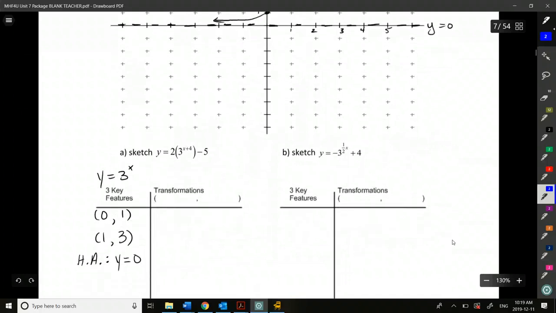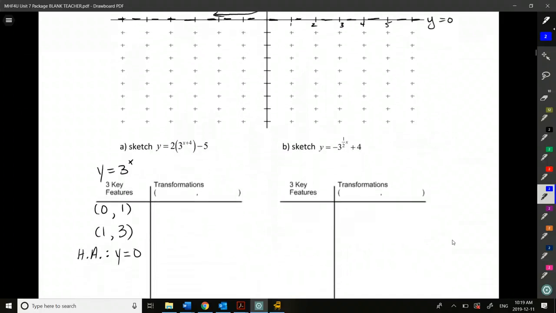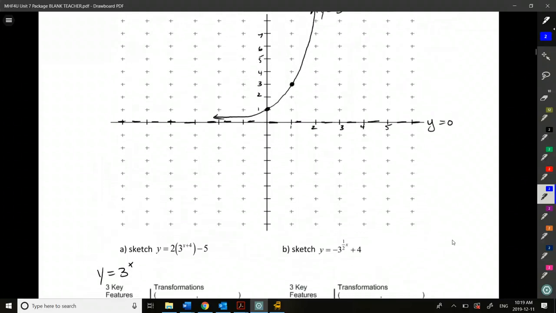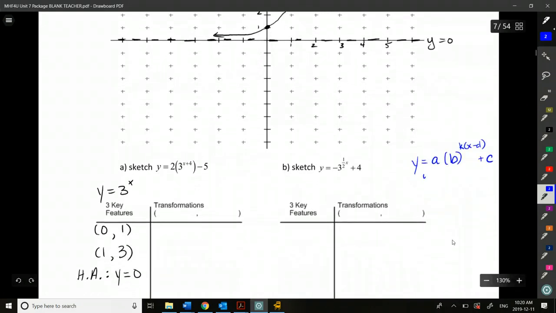Now if you remember back to grade 11, you will see transformations of your exponential functions in this format. You're going to see an a and then some base to the exponent kx minus d plus c. And this is where the parent function is y equals b to the x.